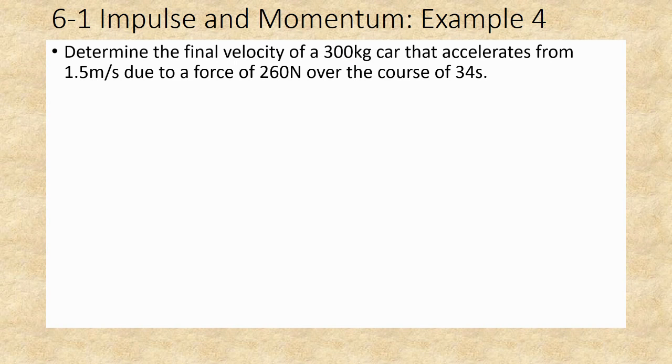Example 4. Determine the final velocity of a 300 kilogram car that accelerates from 1.5 meters per second due to a force of 260 newtons over the course of 34 seconds. All right, let's put this together.